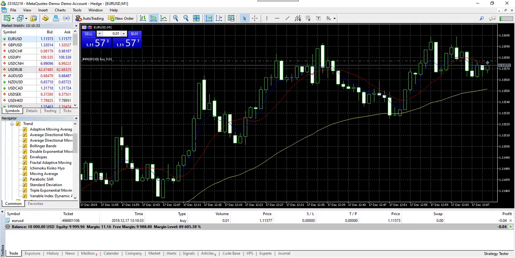It has placed the order here, so this is a buy order. Now it is currently on minus, because the price hasn't hit here. Once it passes this line, it will start giving you profit.